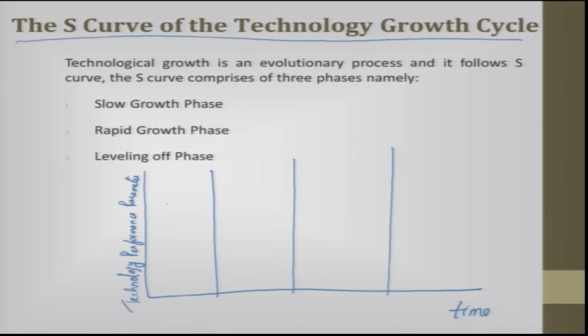So, the first one I would say is embryonic, then it is growth, then it is maturity, and the last one is aging. Okay. So, it is almost something like this.